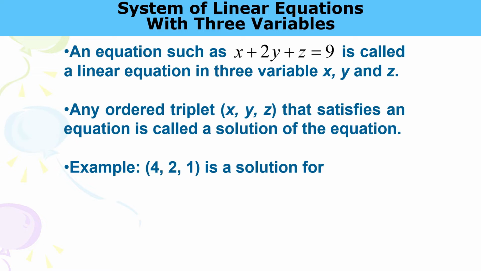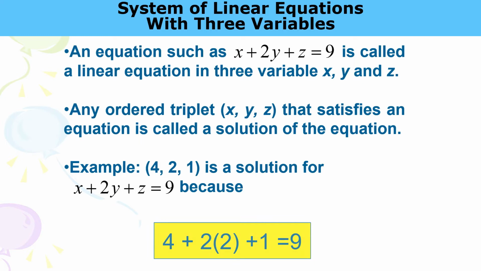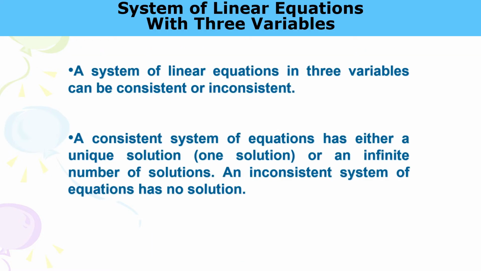For example, (4, 2, 1) is a solution for x + 2y + z = 9 because when we insert the values 4, 2, and 1 into the equation, we get the total value of 9.